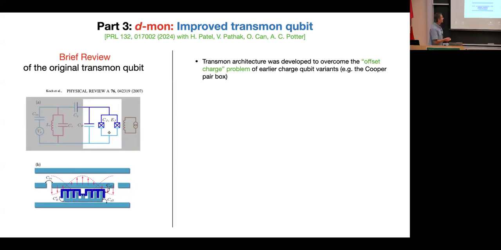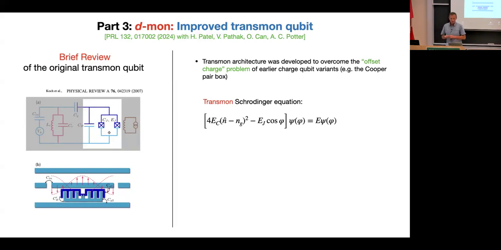This was designed to overcome the so-called offset charge problem that plagued earlier versions of superconducting qubits, for instance, the Cooper pair box. Let me explain what this offset charge problem was, because that's going to be important for my discussion here. You can write down the Schrödinger equation for the transmon qubit.